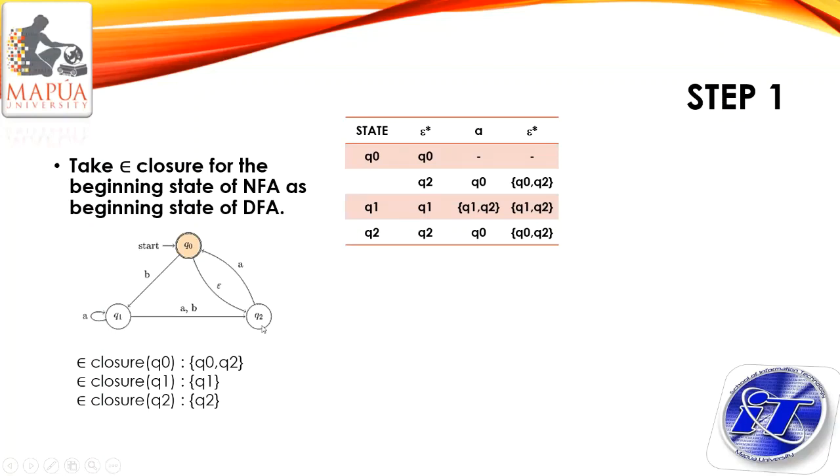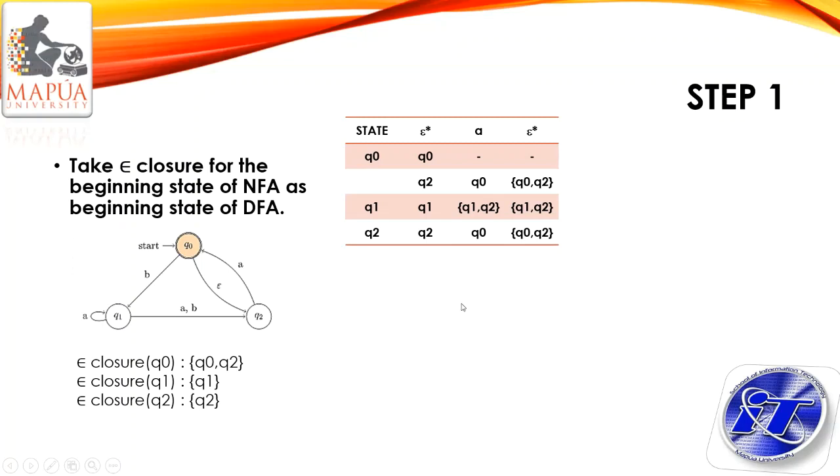And at Q2, if it's A, it will go to Q0. Since Q0 is equivalent to Q0, Q2, the final path for Q2 at A is Q0 and Q2.